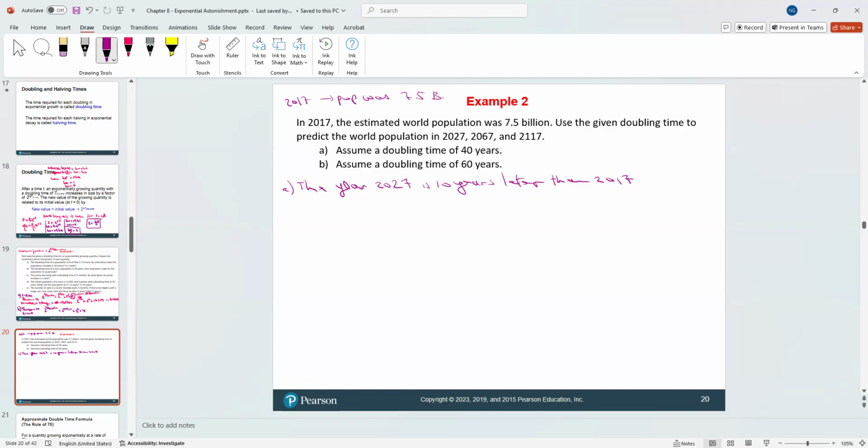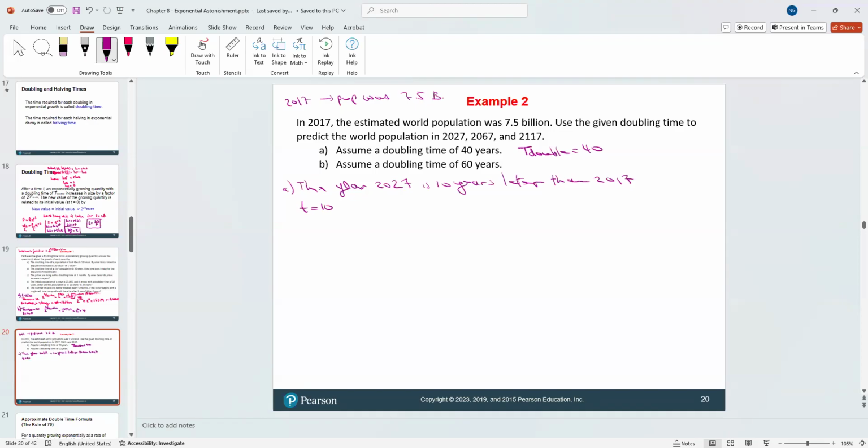So meaning the doubling time, remember they give you the capital T double here is 40. So the difference in time, we know, is small t equal 10.